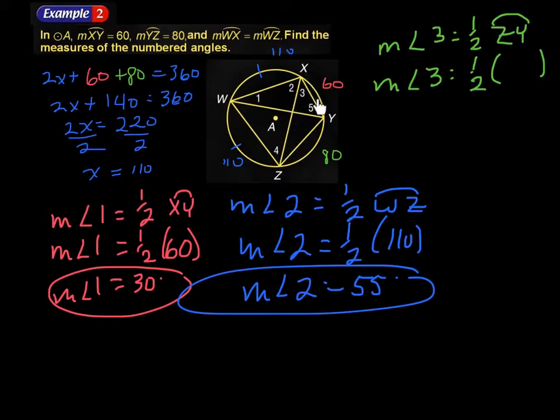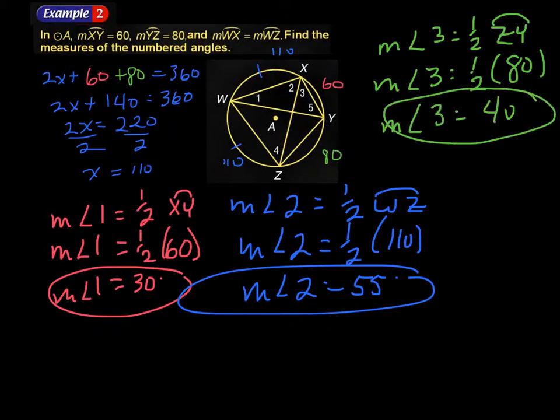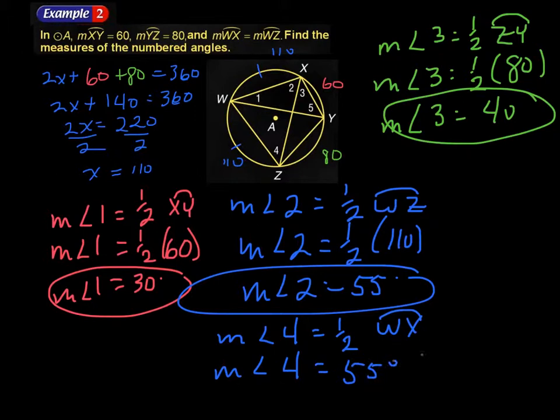Angle 3 is inscribed in ZY, which is 80. So it's going to be half of 80. Angle 4 is inscribed in arc WX, which is 110. So it's also going to be half of 110, which is also 55.